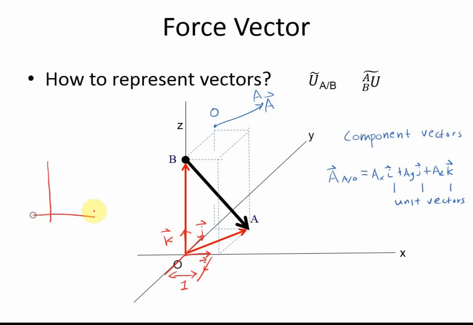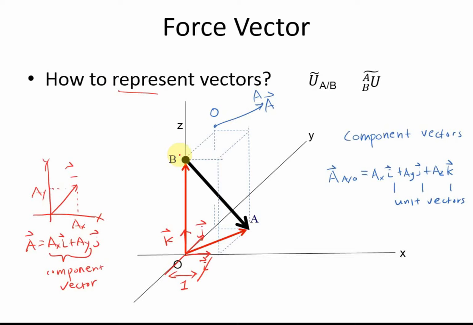If you think about 2D, xy, and you have an arbitrary vector a, then you can break it down: this is ax and this is ay. So your vector a is ax i plus ay j. So these are called component vectors. So how to represent vectors? We break the vector into x, y, z, and that's the way we generally represent our vector.